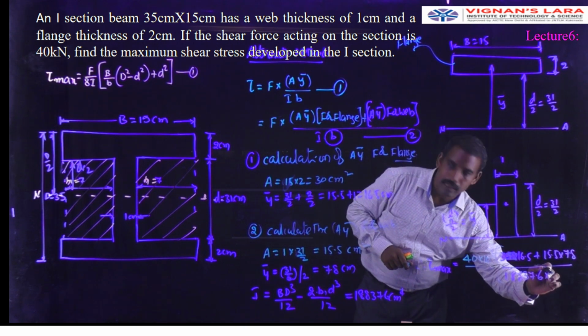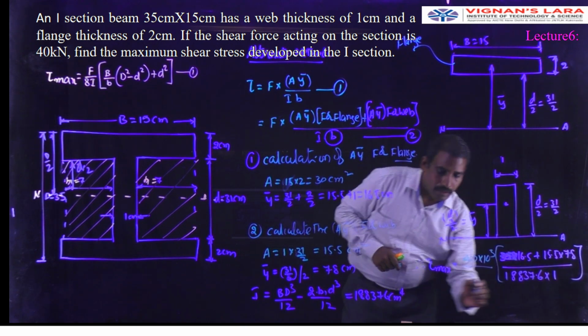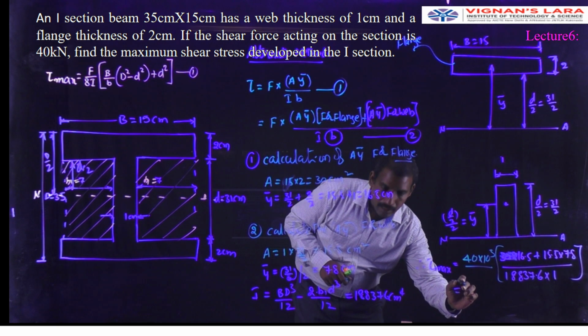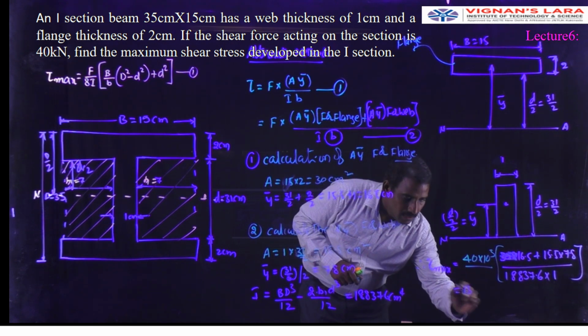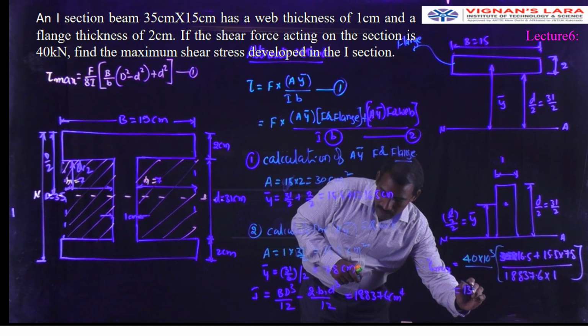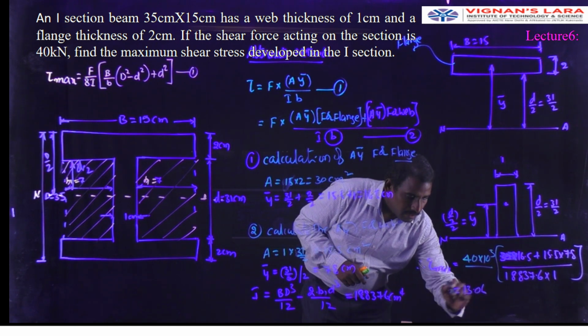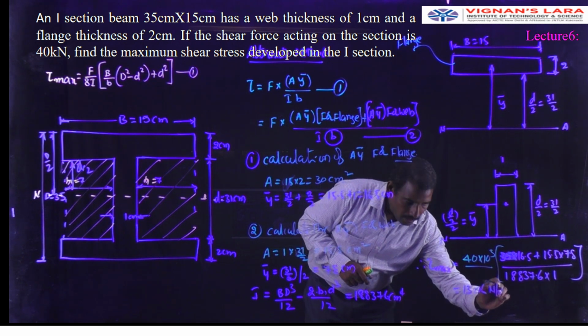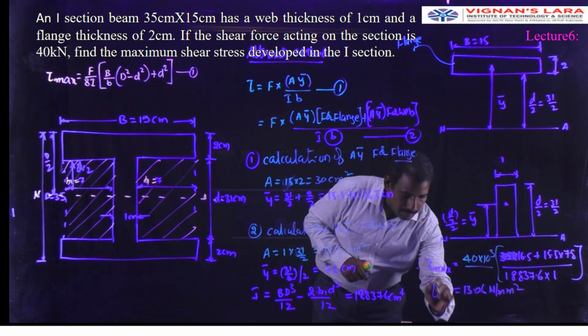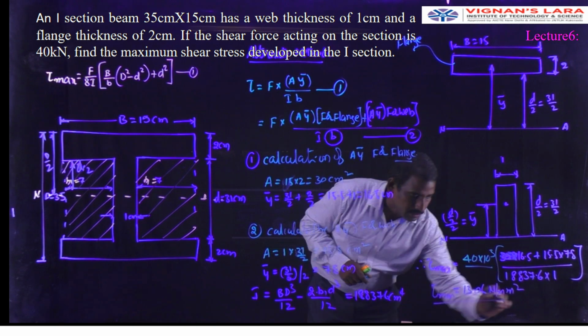So here that is 1. After computing all these values, finally the shear stress induced in this I section at the neutral axis is equal to 13.06 Newton per mm square, which is maximum at the neutral axis.